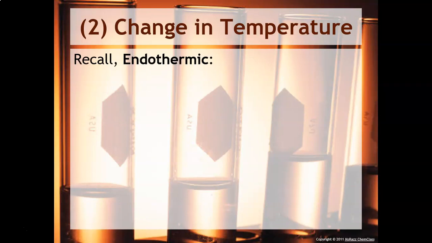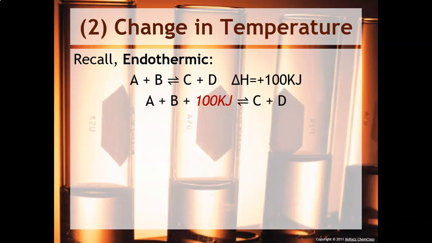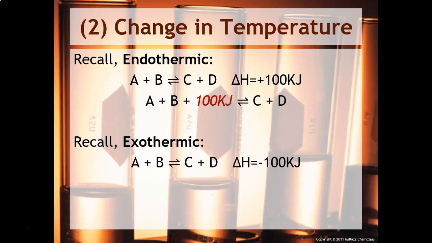Recall, just a quick review: endothermic reactions can be recognized because they're going to have a positive delta H. You can also recognize an endothermic reaction because you're going to have that energy located on the left-hand side of the arrow, so it's treated as a reactant. For exothermic processes, remember delta H is negative, and you'll be able to identify an exothermic process if your energy is written on the right-hand side of the equation.